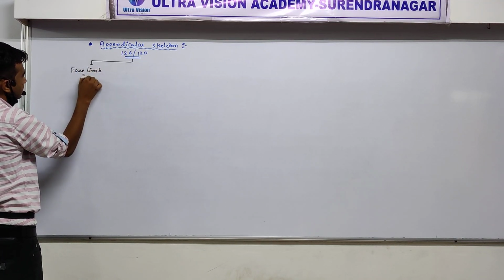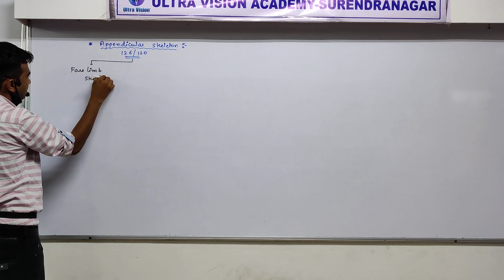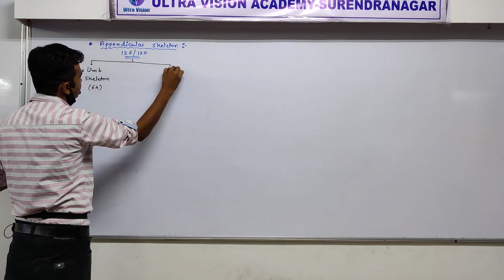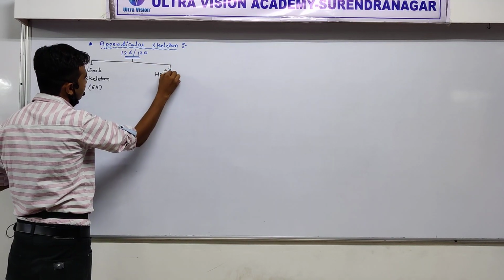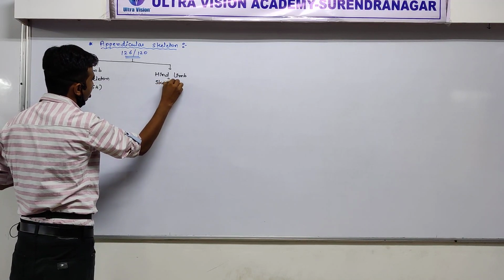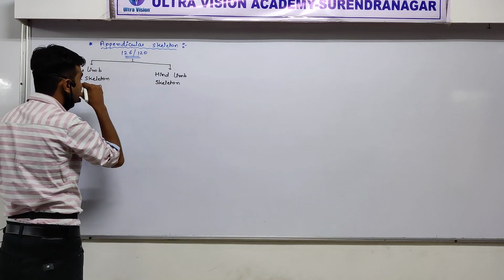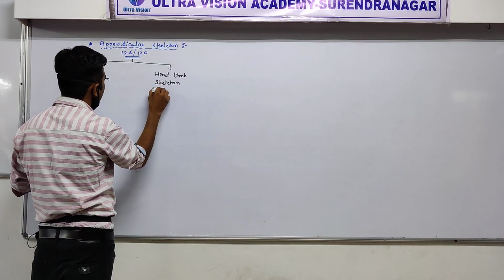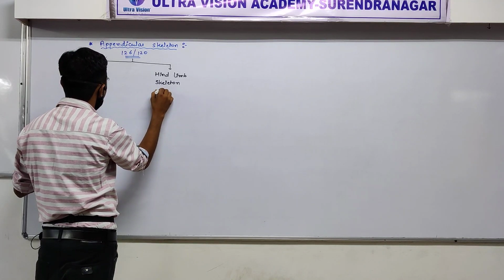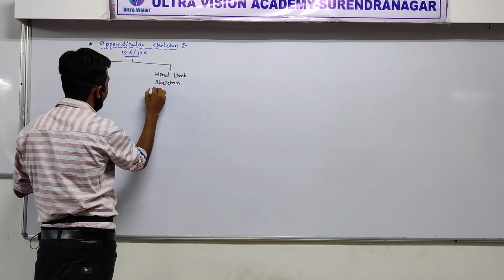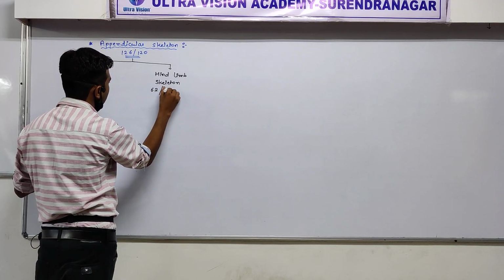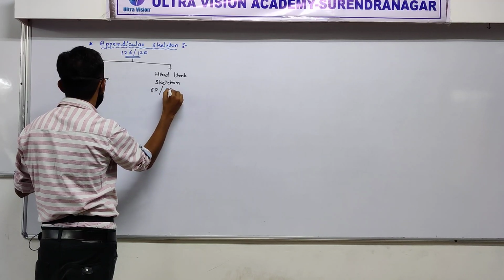Fore-limb skeleton, it has 64 bones, and hind-limb skeleton, or 66.